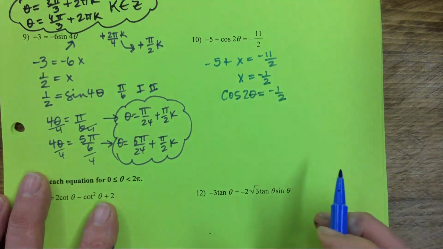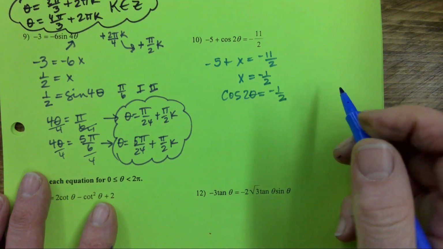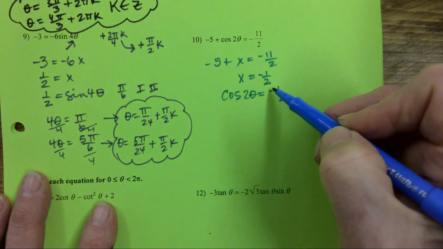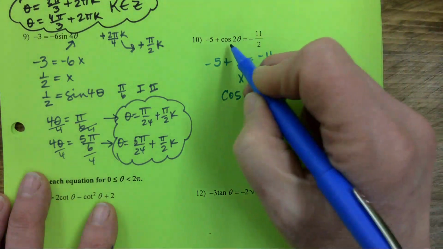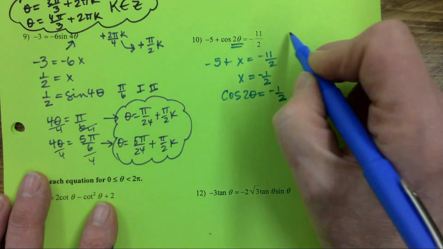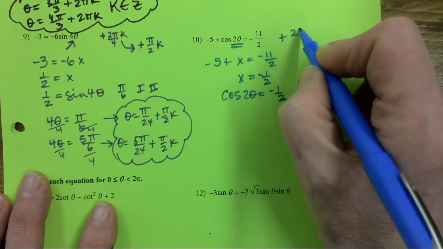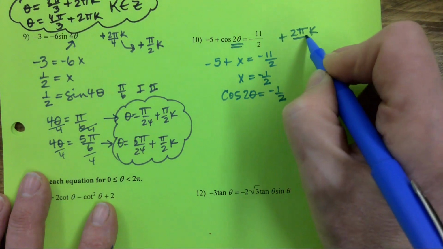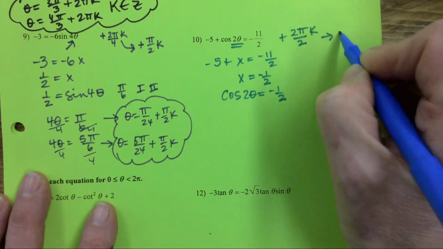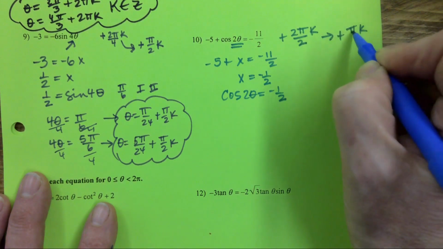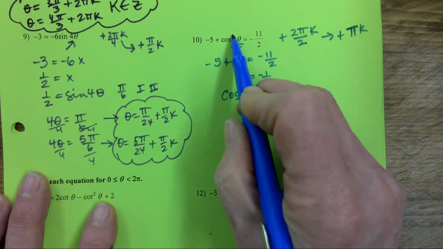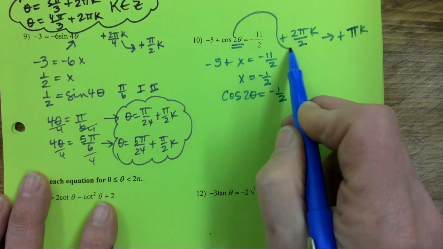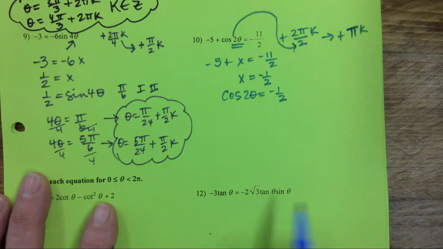Oh, I've got the pi over 3 right now. I do want to remember this guy here, so it's plus 2 pi k, but over 2. So I'm going to end up adding pi k in the end.